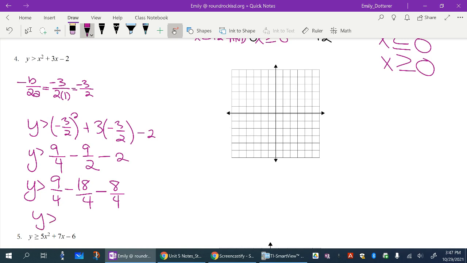So 9 minus 18 is negative 9, minus 8 is negative 17 over 4. So the vertex is at negative 3 over 2, negative 17 over 4.